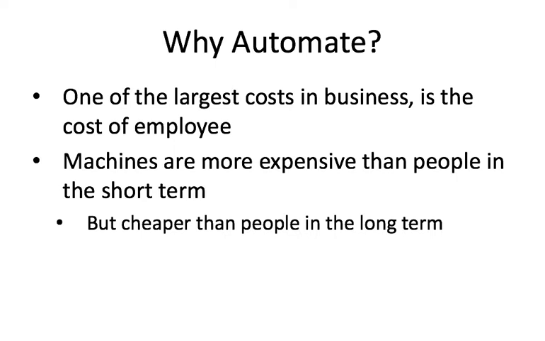So machines are very expensive when you first buy them. So in the very short term, automating is very expensive. But in the longer term, because the machine is a lot of times more efficient, and you don't necessarily have to pay a daily wage to a machine, in the long term, the machine will be more profitable or cheaper than workers.